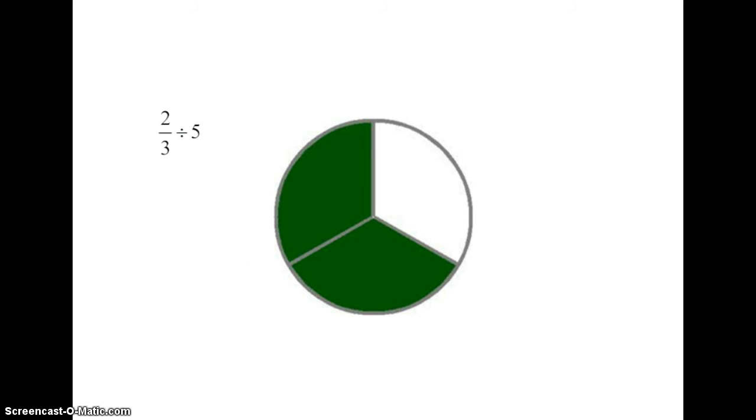So let's divide the 2/3 into 5 equal sections. So that's 1 section, 2 sections, 3 sections, 1, 2, 3, 4, 5 sections. So we divided one of these 2/3 into 5 sections, and we'll do the same thing for the other.